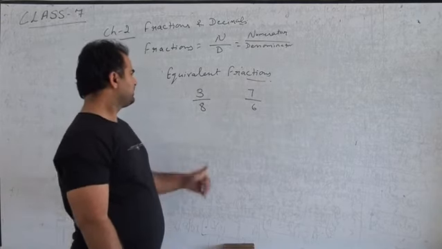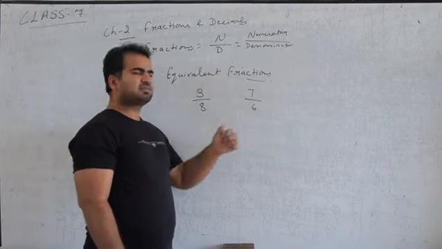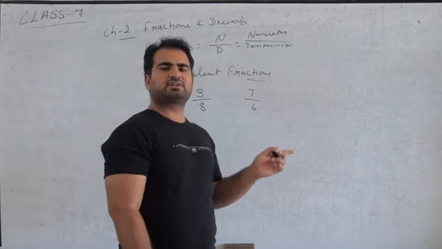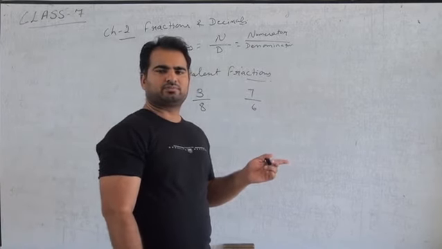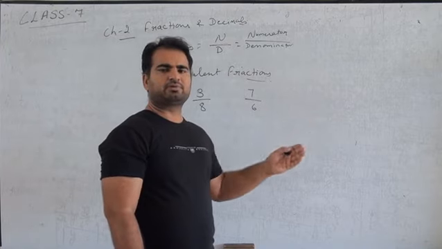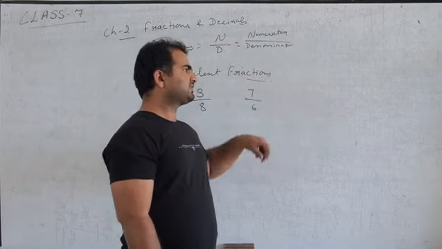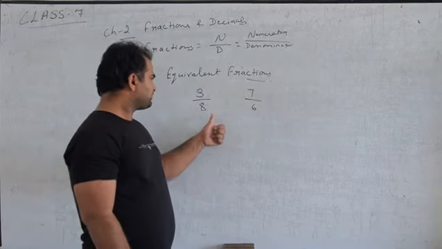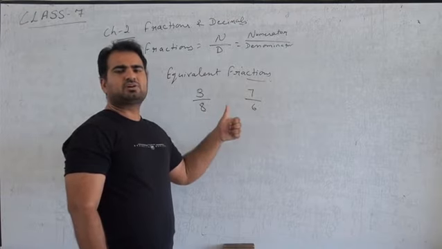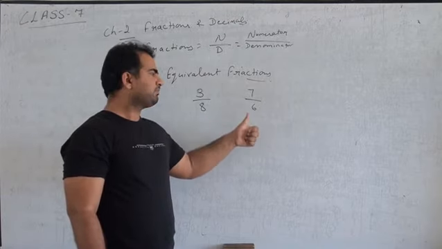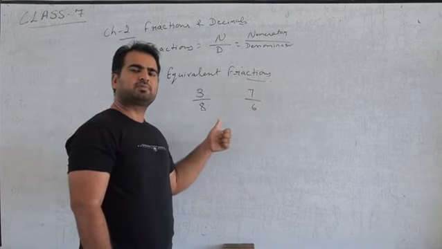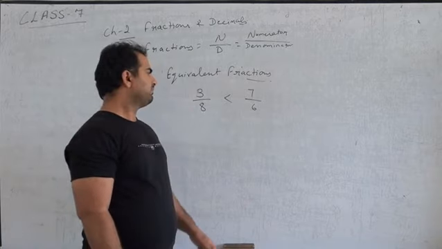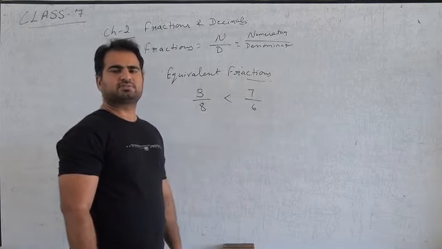As we can see, this is a proper fraction and this is an improper fraction. Improper fractions always contain a whole. We can see that an improper fraction always converts into a whole and a proper fraction. So we have to know that improper fractions are always bigger than proper fractions.